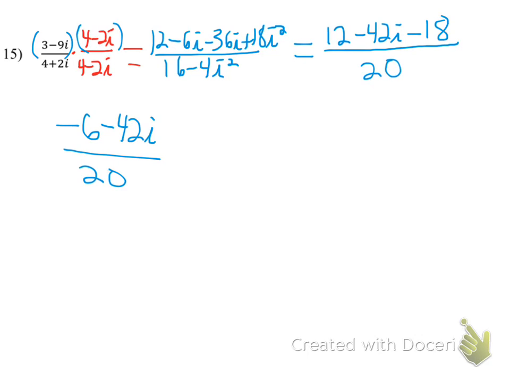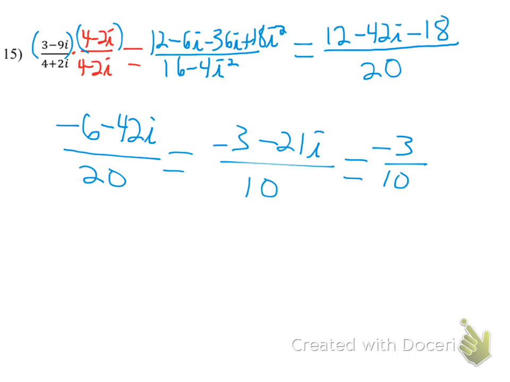Two things to look at is that this can be reduced. First off, they're all even numbers, so we can reduce it into negative 3 minus 21i all over 10, and then we have to take that, write in standard form.